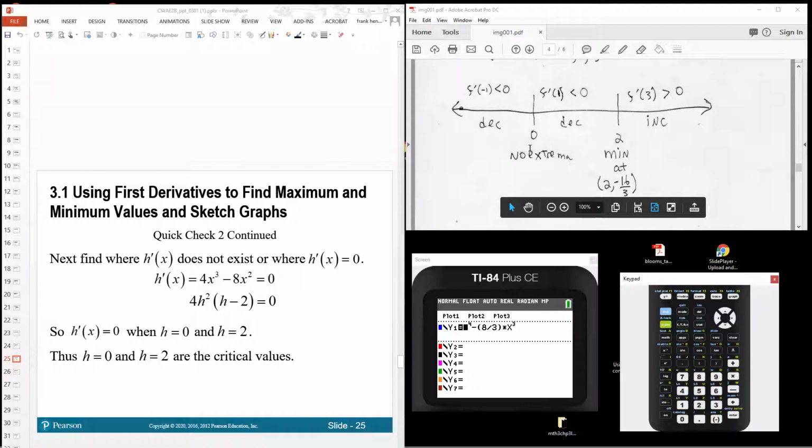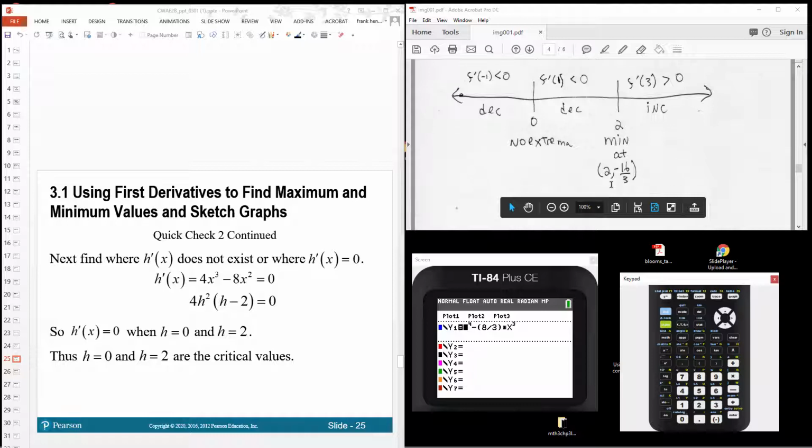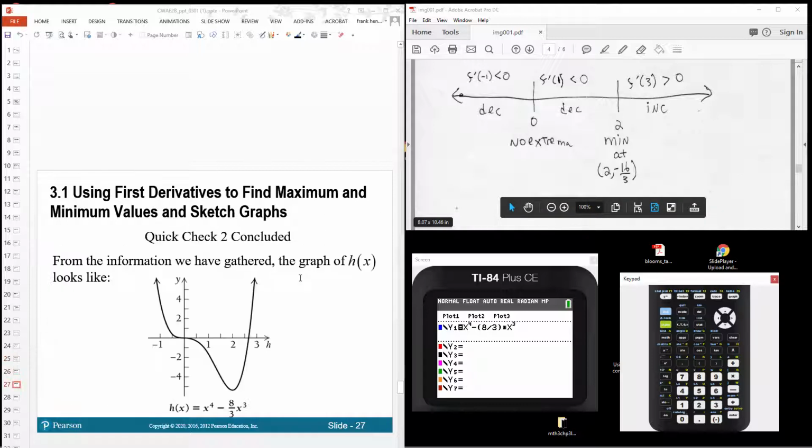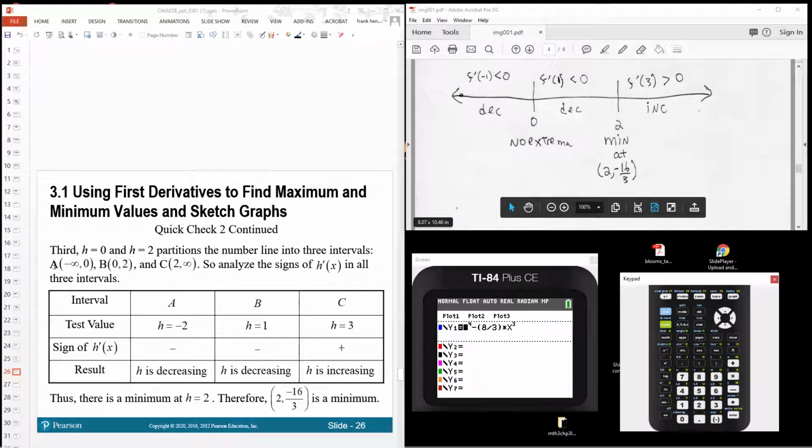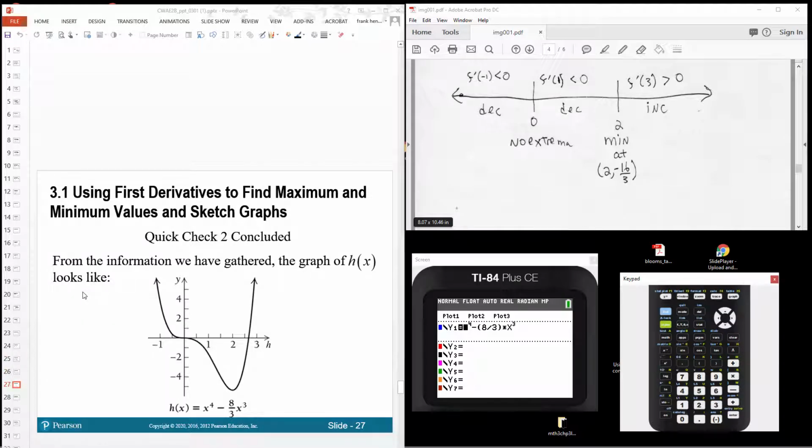So if it was decreasing and then going up, you have a minimum at this point here, 2 and -16/3. So now we know where our minimum is, and knowing where it's increasing and decreasing, we can sketch our graph.